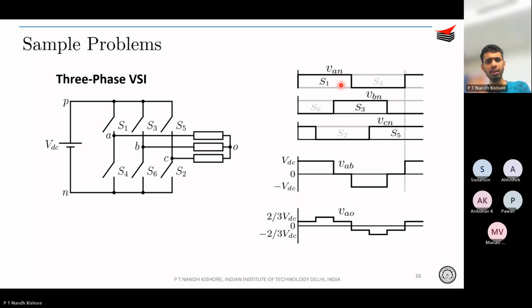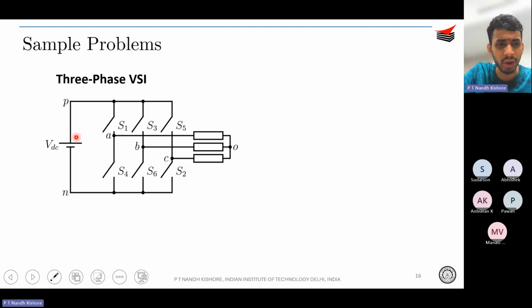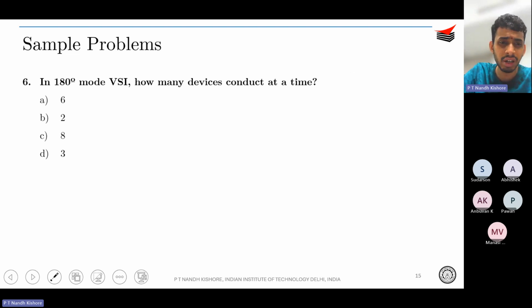Okay. This is similar to something you might have studied in digital logic circuits, right? So you have only one bit change at a time. Those ideas you apply over there. Correct. So it's something like that. Okay. So there will be only one switch changing from one state to the next state transition. But anyway, to answer this question, how many devices conduct at a time? Obviously, three devices conduct at a time. Okay.